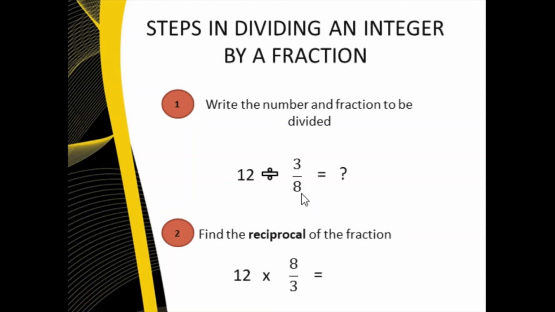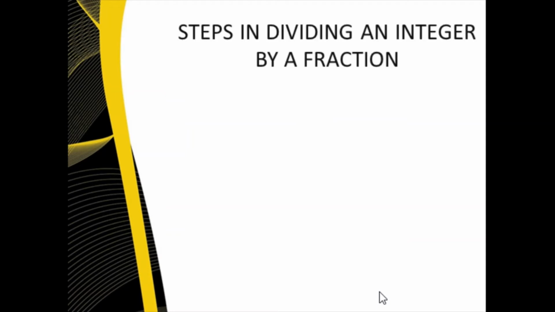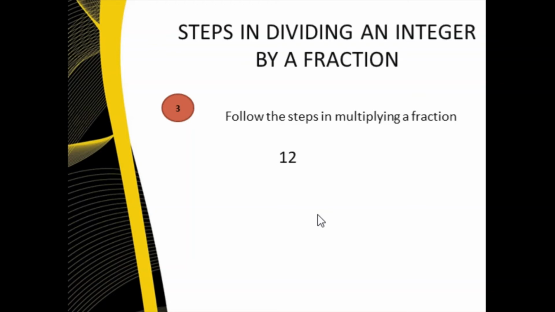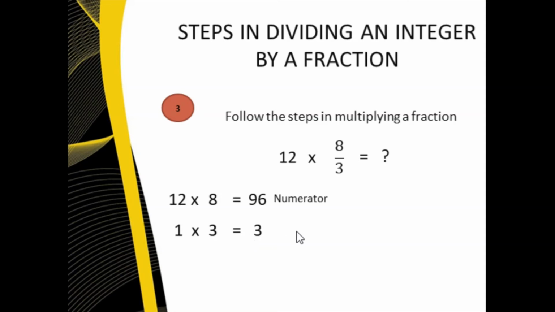See, the denominator becomes the numerator and numerator becomes the denominator. After finding the reciprocal, you multiply them together. 12 times 8 is 96. 3 times 1 equals 3. That's our denominator.